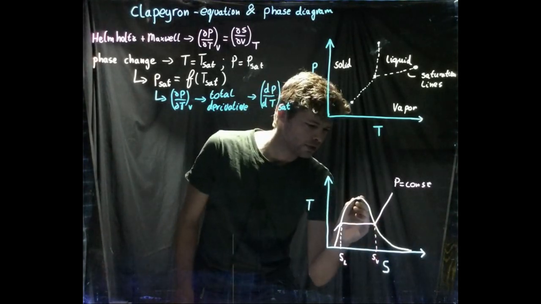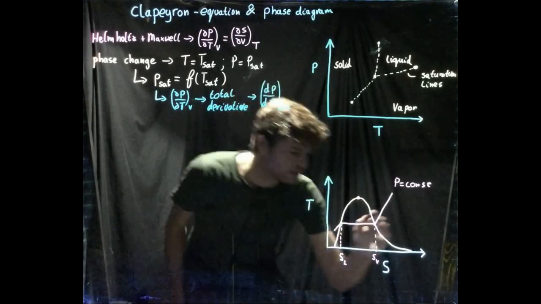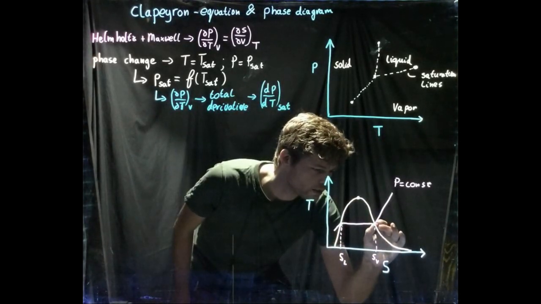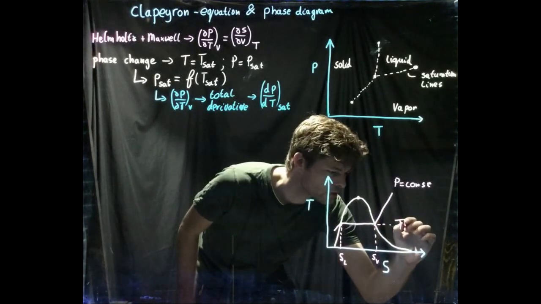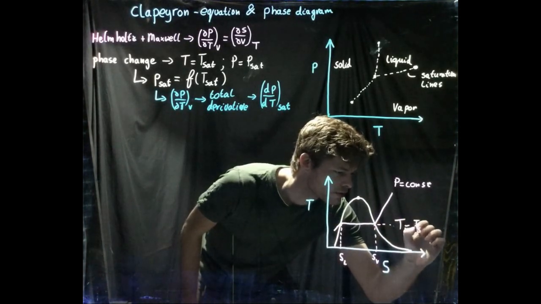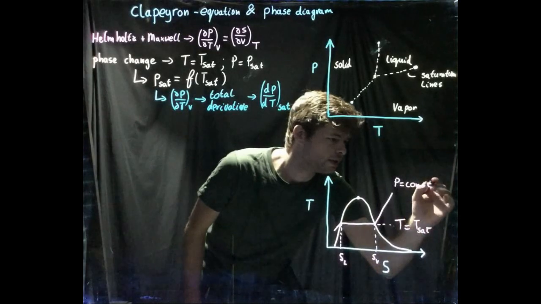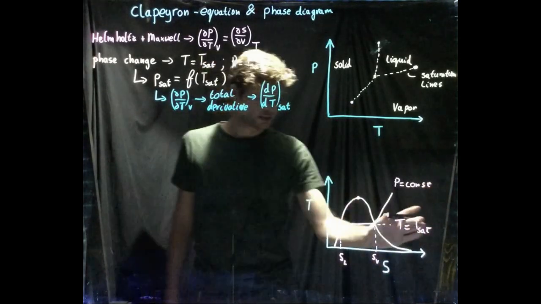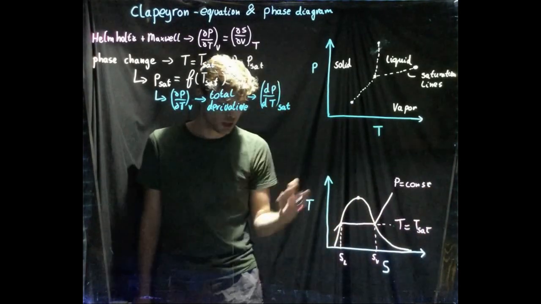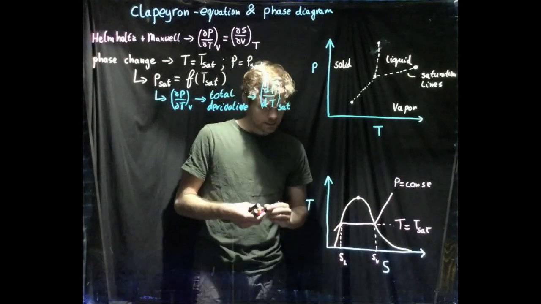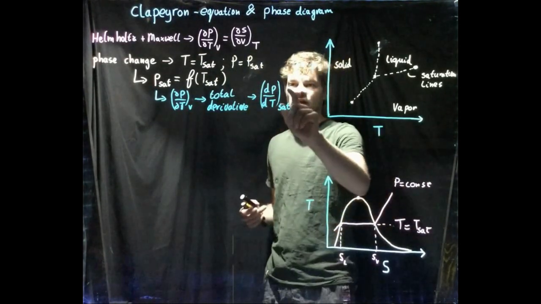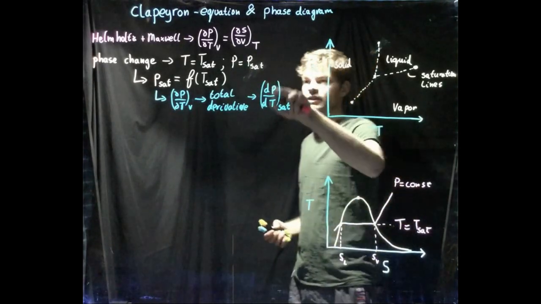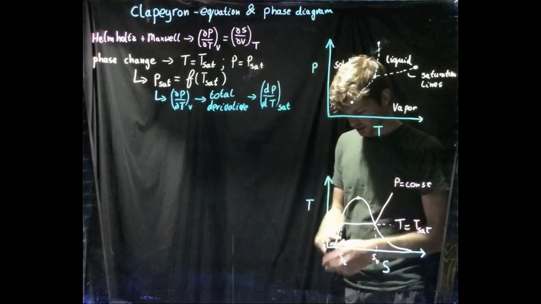Here we have the critical point, and we know that over here the temperature is the saturation temperature. So we know that this temperature over here is constant as well. And now we're going to use this diagram to make an estimation of this derivative.